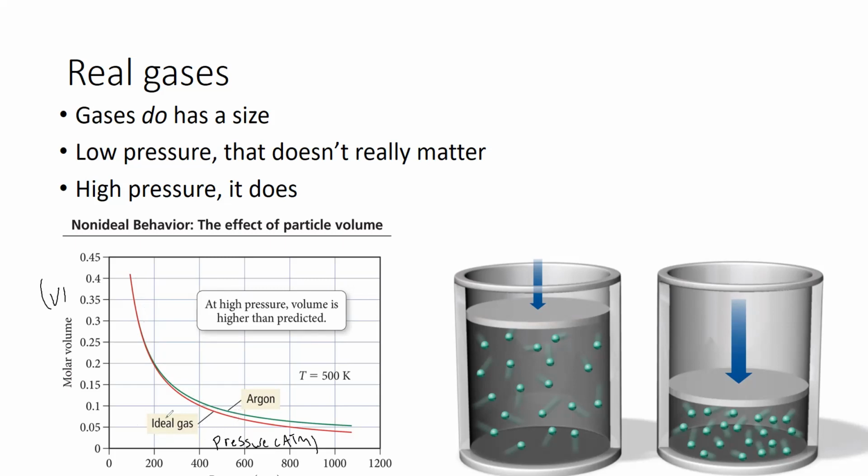That's because the ideal gas law still says, well, these particles don't actually have any volume at all, while argon does have volume. And when higher and higher pressure is applied to these atoms, they come into closer and closer contact, and they start to repel each other. And that's why we get a discrepancy in molar volume at high pressure.